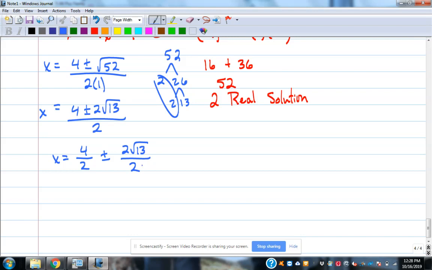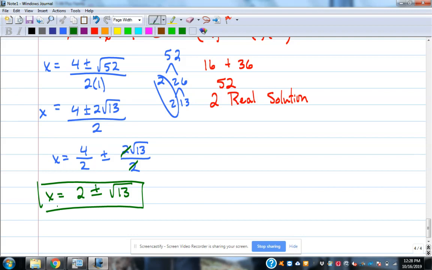And we're just going to leave the plus or minus in the middle, because I can't add the 4 and the 2 radical 13 together, because the radical 13 messes that up. So 4 over 2 turns into 2. And then what happens with the 2 out front and the 2 in the bottom? They cancel out. So we just get 2 plus or minus the square root of 13 as the solutions for that one.